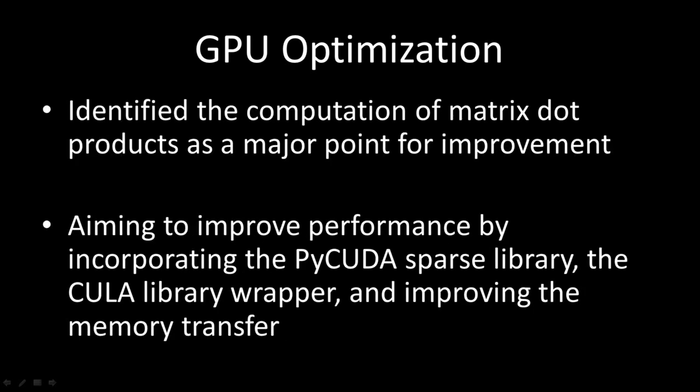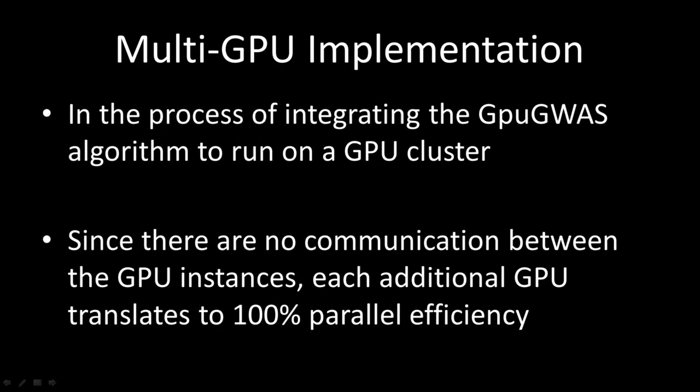We have identified the computation of the matrix dot product as a major point for improvement. We're aiming to improve performance by incorporating the PyCUDA sparse library, the CUDA library wrapper, and improving the memory transfer.